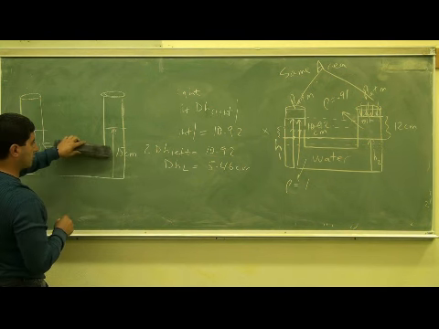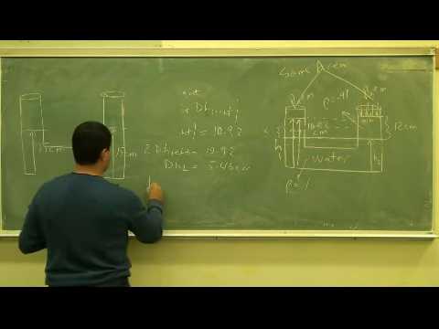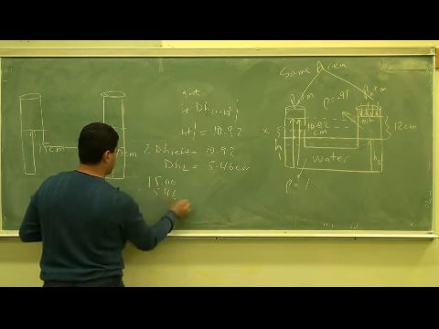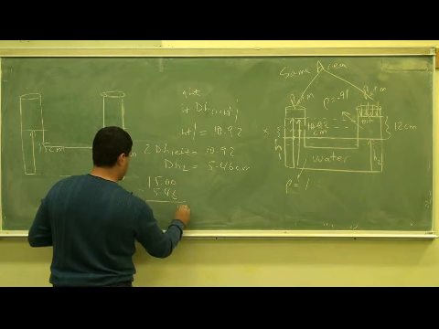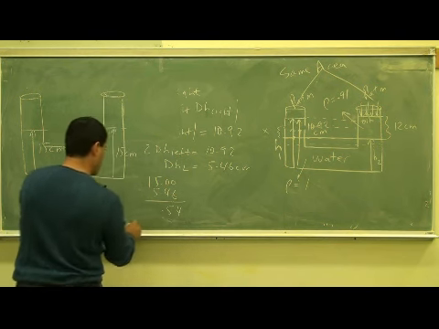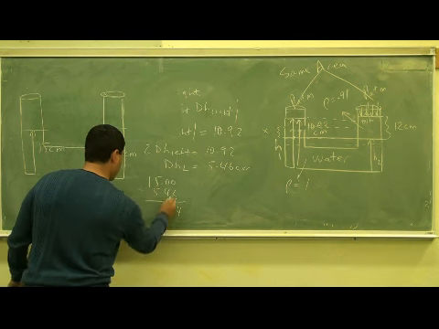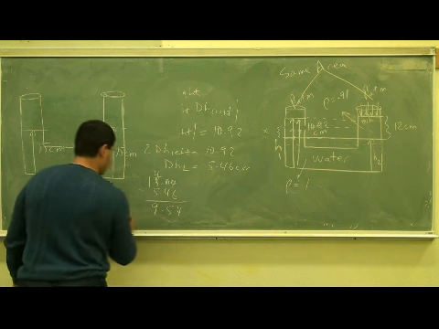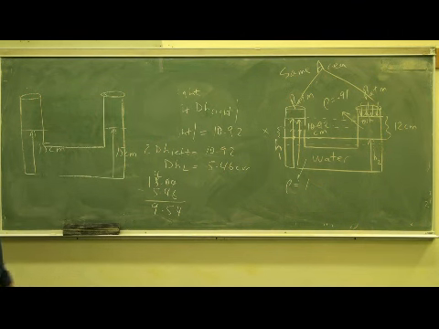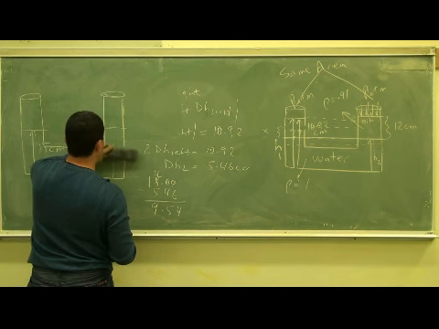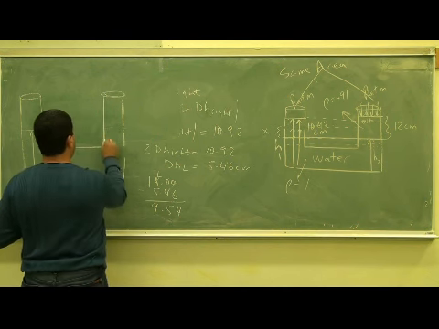So if this is going to go down 5.46, 15 minus 5.46 is going to be 9.54. So the new height of this is going to be 9.54 centimeters.